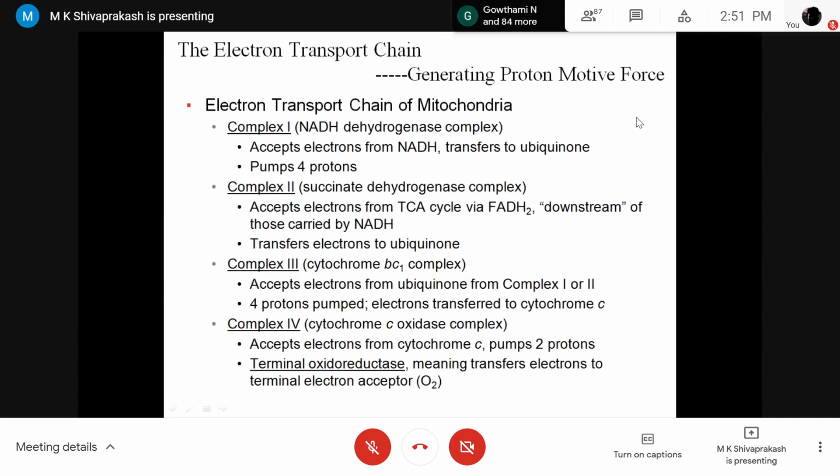This in turn transfers electrons to get itself oxidized, and pumps 2 protons.